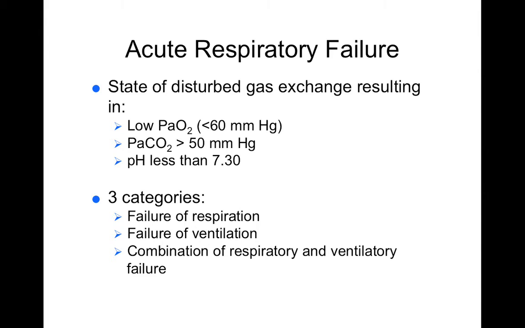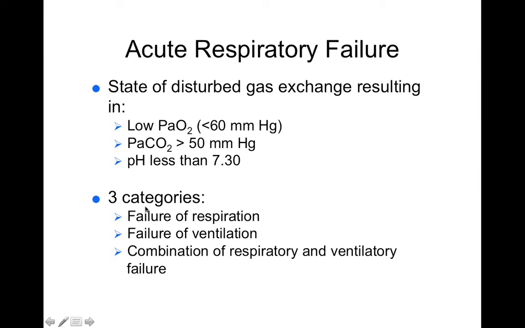Back in A&P, we learned that CO2, when it dissolves in water, can form carbonic acid. But if you exhale CO2, then you're basically removing carbonic acid from your bloodstream. So if you have respiratory failure, then your blood is going to be more acidic due to an accumulation of carbon dioxide in the blood. We define this as a pH less than 7.3. Normal blood pH is 7.35 to 7.45. It's a very narrow range of blood pH.